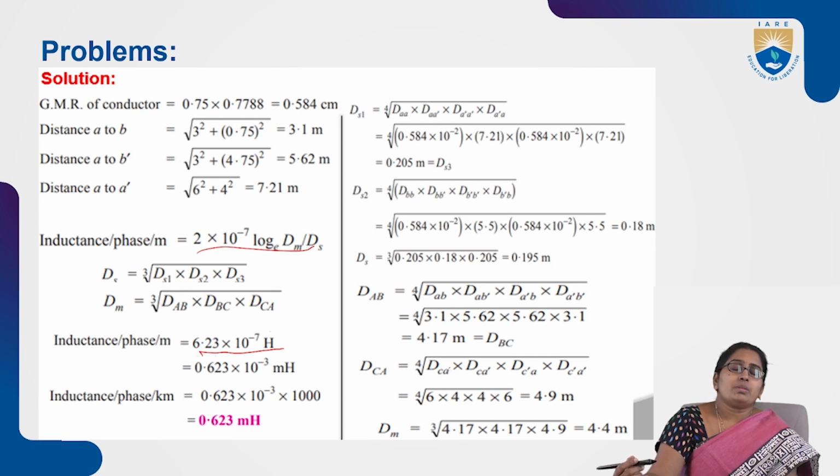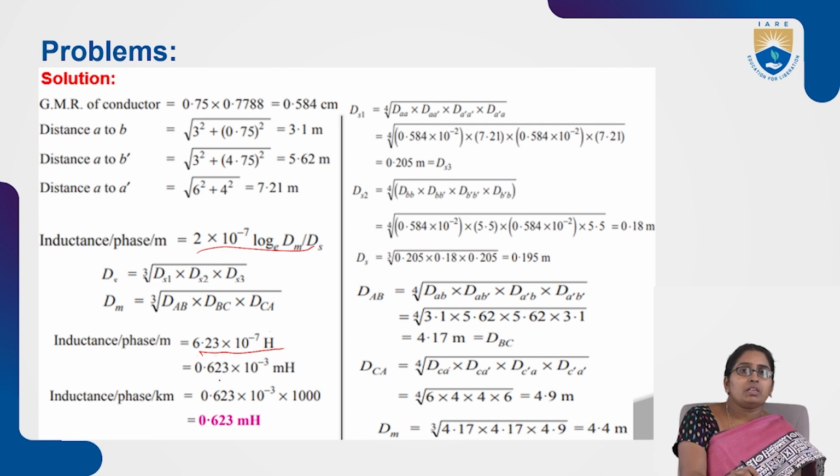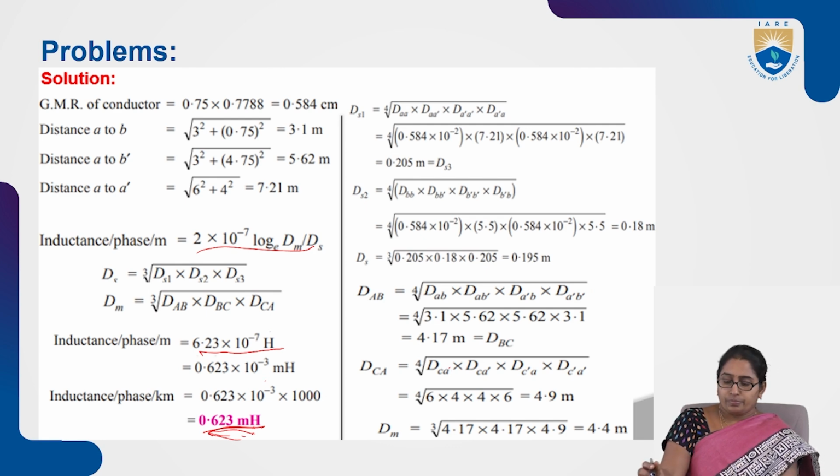But the question asked to calculate the inductance per kilometer. So finally, the value is written per kilometer. So 6.623 into 10 power minus 3 into 1000 will give us 0.623 millihenries. So finally, this is the answer for the given problem.